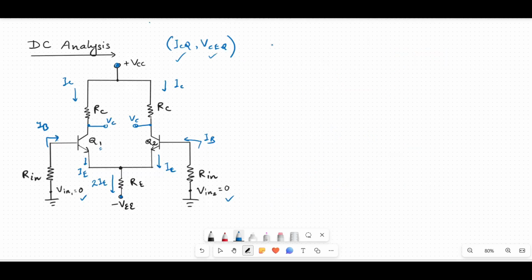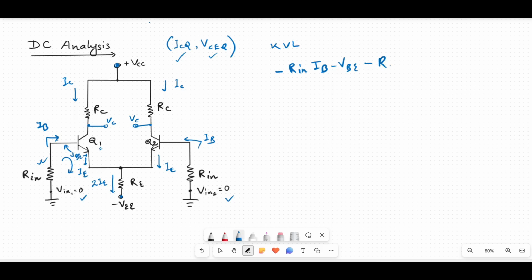So now applying KVL to the base emitter loop of transistor Q1, in this loop if we apply KVL, then it will be minus Rin IB, the voltage drop across this point. Then we have here VBE, so minus VBE. Then we have the resistance RE.